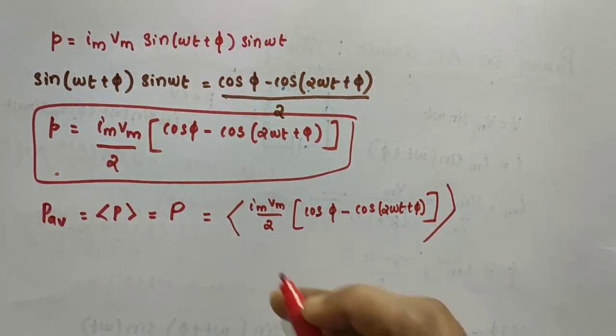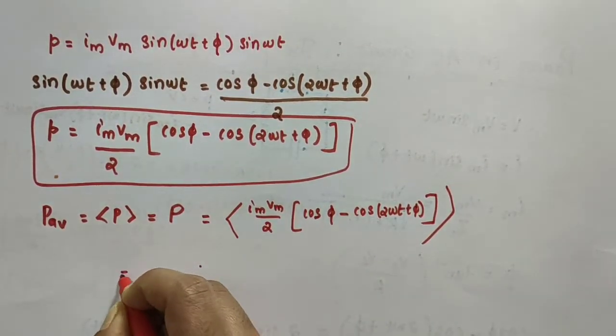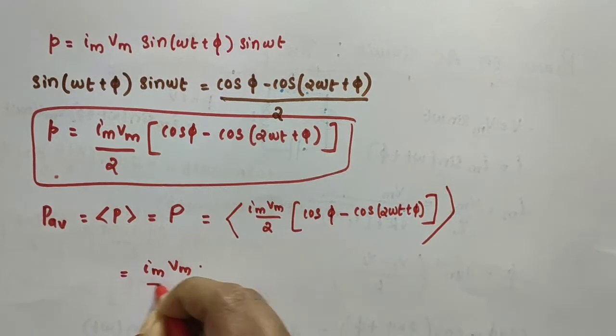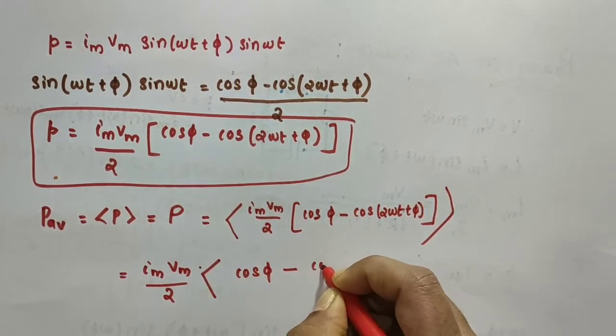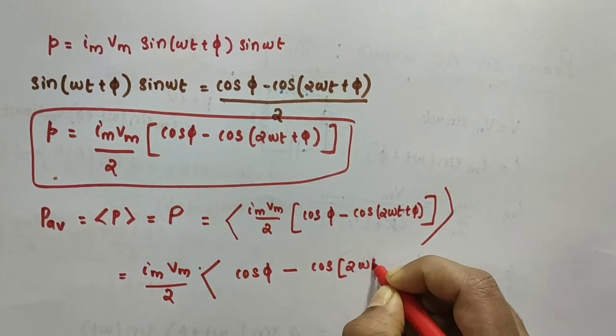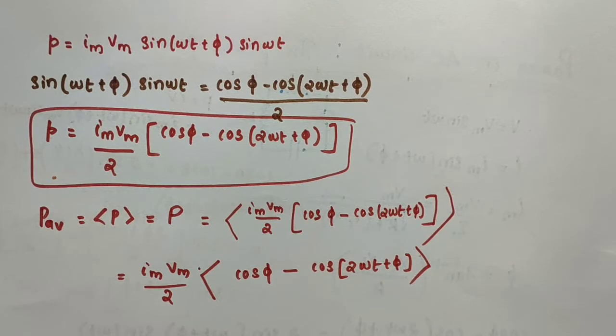You see here Im Vm by 2 is a constant that can be taken outside. So this can be written as Im Vm divided by 2, then average of cos phi minus cos of 2 omega t plus phi. Here only this term, cos of 2 omega t plus phi, has t in it.